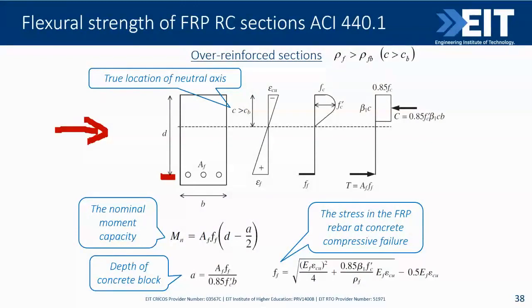So some kind of a hybrid structure. As the FRP rebar has very high stiffness, this neutral axis can be very high. That means this compressed concrete zone will be small.